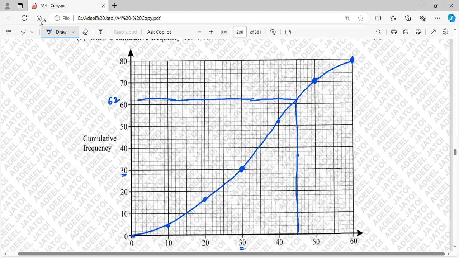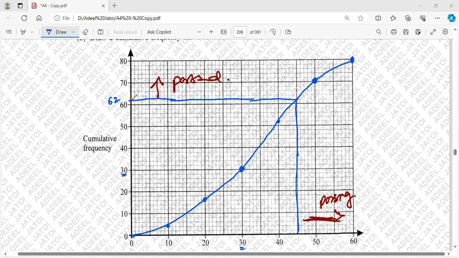So if you see towards the right, anybody who has scored 45 and above, this will be your passing criteria, right? So people scoring more than 45 will get what? Passed. People scoring more than 45 will pass.